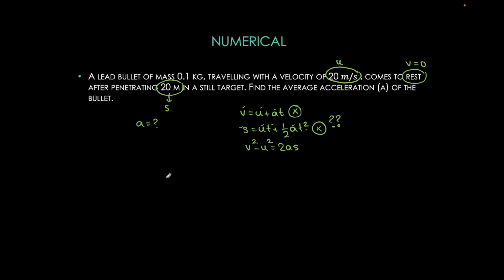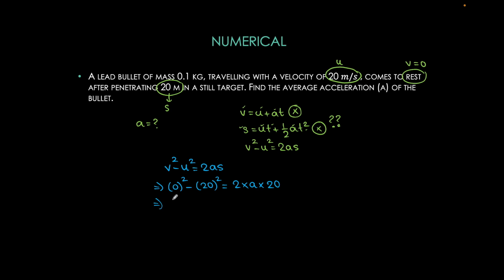So let us see how we use this. The third equation is v square minus u square is equal to twice as. The value of v is 0, so we'll write 0 square minus the value of u, which is 20, so 20 square is equal to 2 into a into s, which is 20 meter, right?